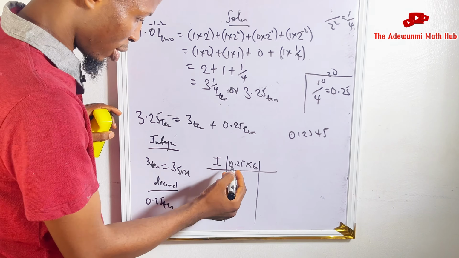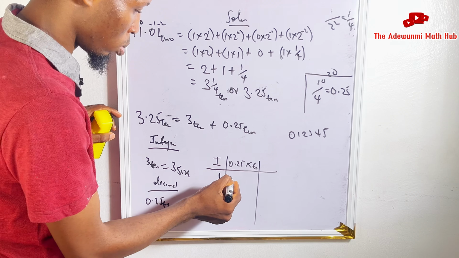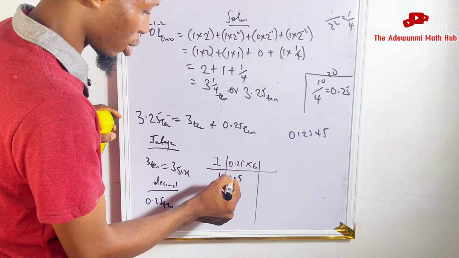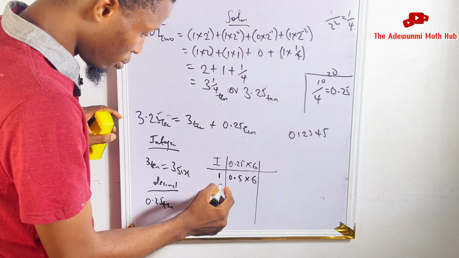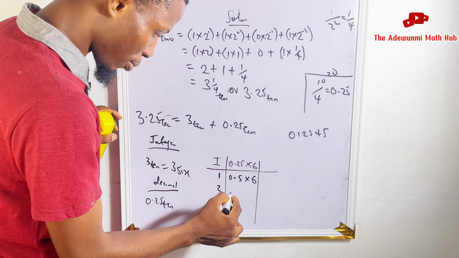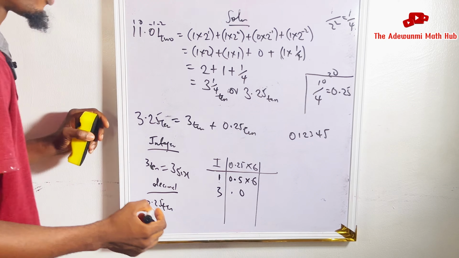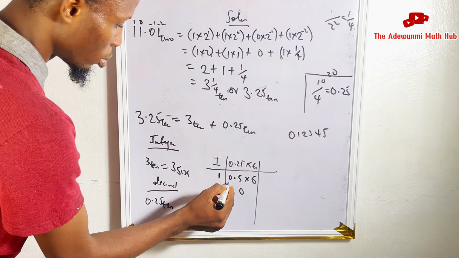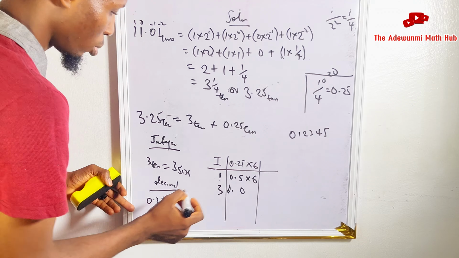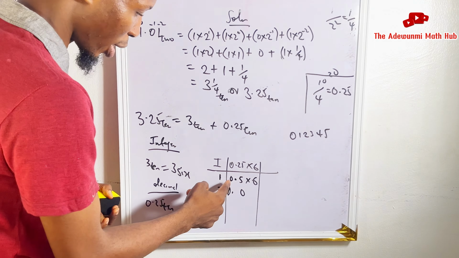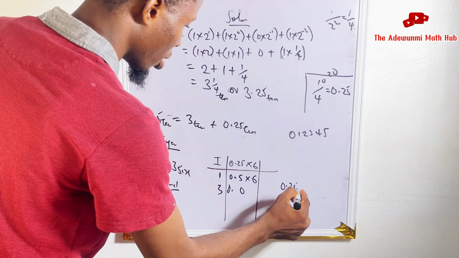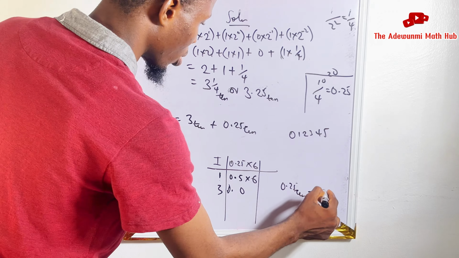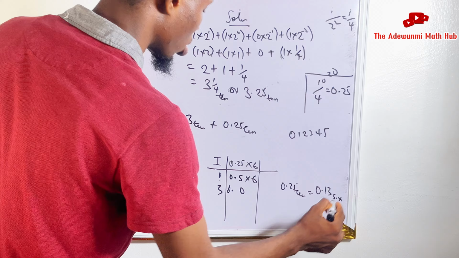So don't forget to add the integer 1. Then you multiply 0.5 by 6 again. 0.5 times 6 is going to give us 3.0. This 0 is negligible, don't forget. So now, what's our conclusion? 0.25 base 10 is 0.13 base 6.